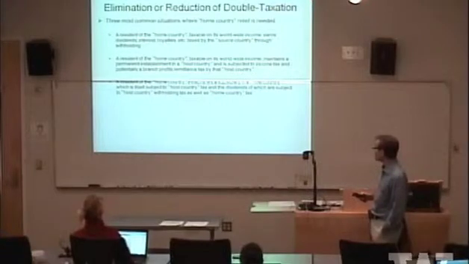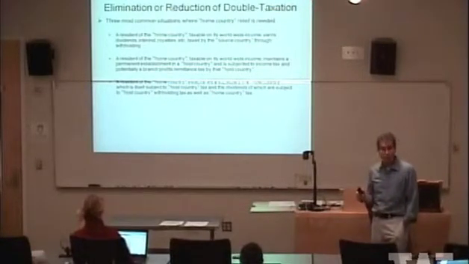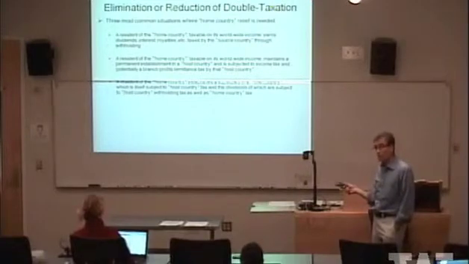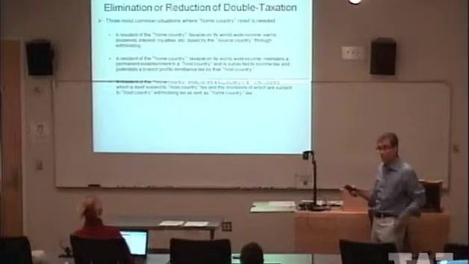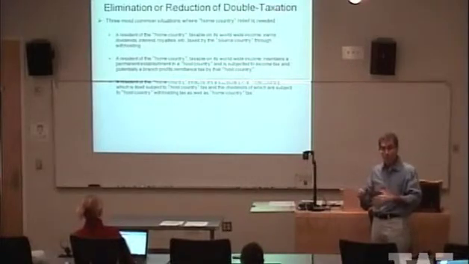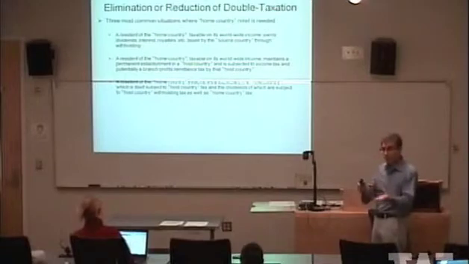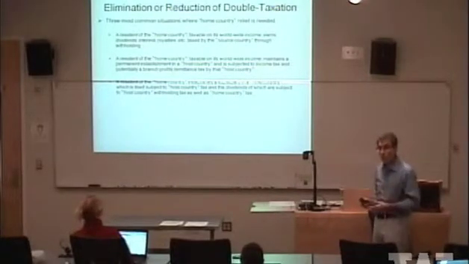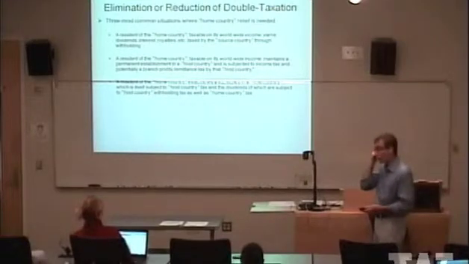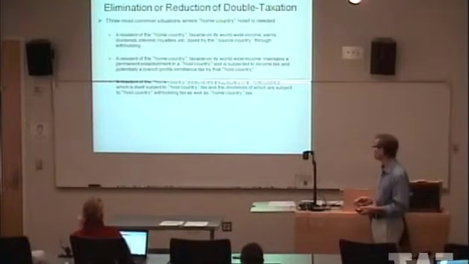And secondly, we've talked about situations where there's a branch in a country, and the net income of that branch is subject to tax. And the home country of the company that owns the branch, that home country would grant some sort of tax relief.